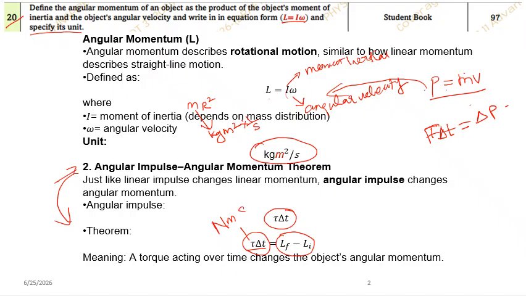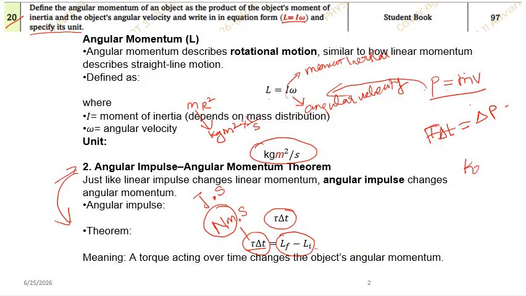So Newton meter into second is exactly equal to change in angular momentum. So change in angular momentum will be equal to Newton meter second. Newton meter, another unit, I can call it together as joule. So joule second. Using this equation I can very well say that angular momentum can be represented with different SI units.